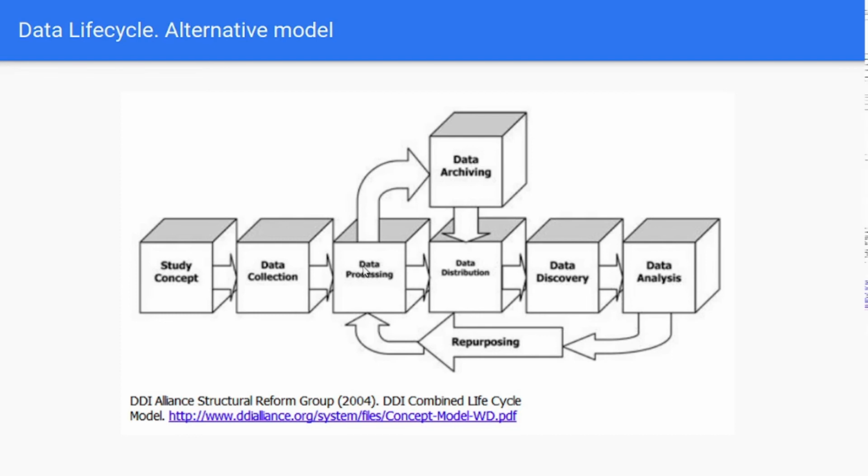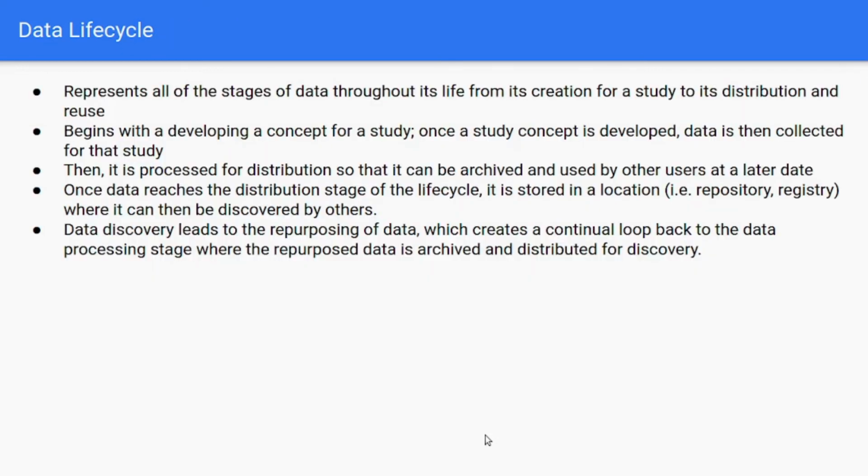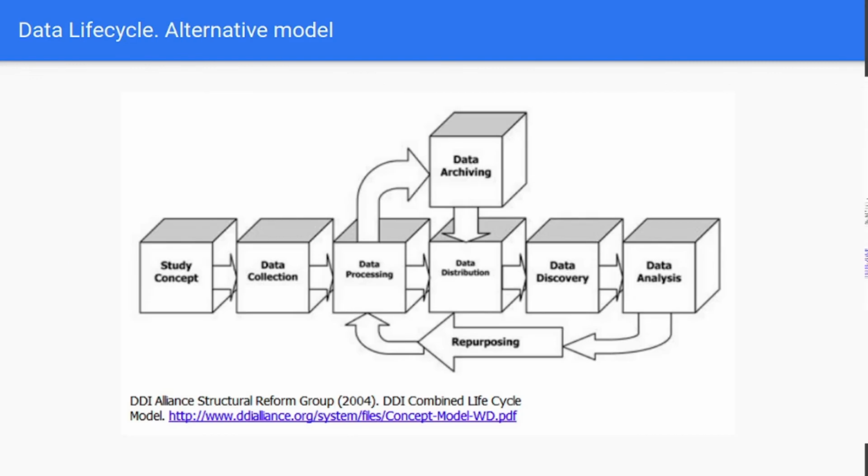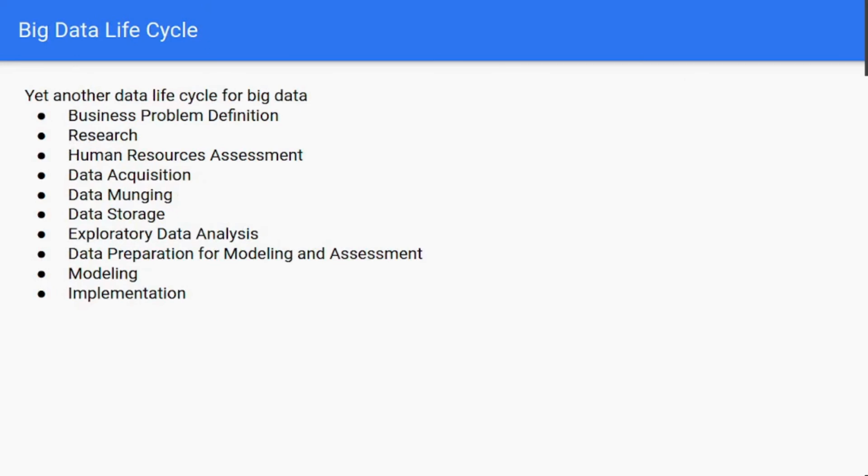Okay, and in data processing also archiving, and then distribution would also be a small cycle over here. So this came from the DDI Alliance Structural Reform Group back in 2004. You can look at this paper. I'll give the link in the description. And then this is something about the same thing. I don't think it is very important to us.